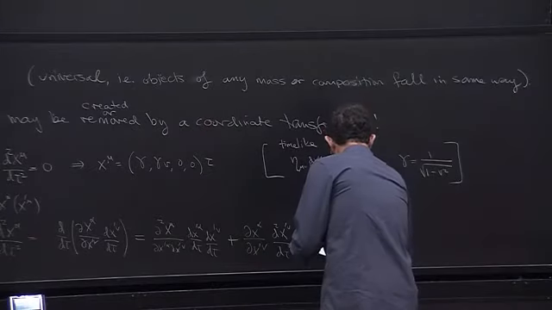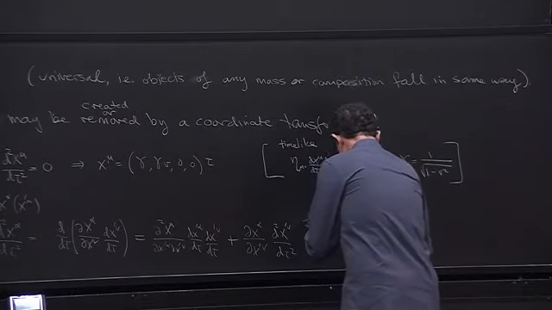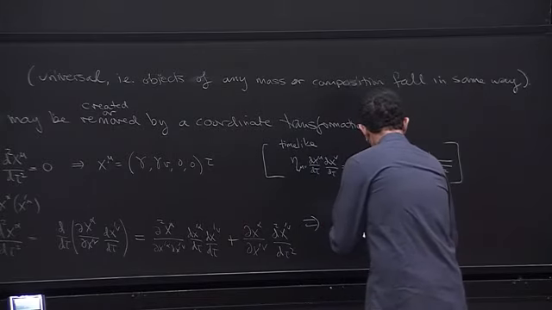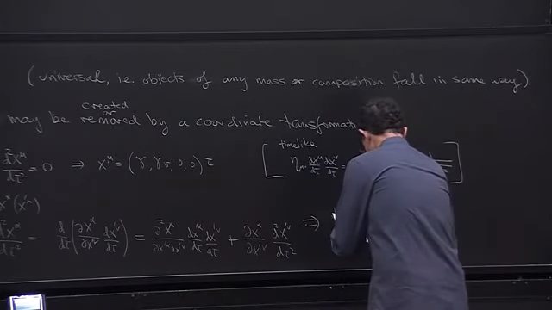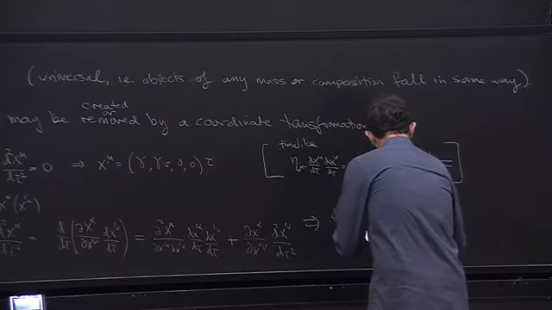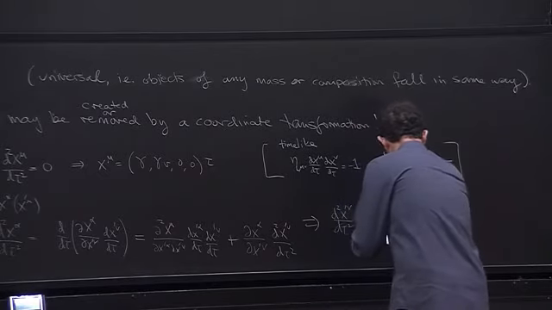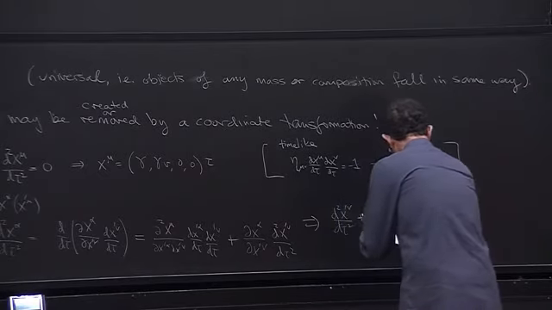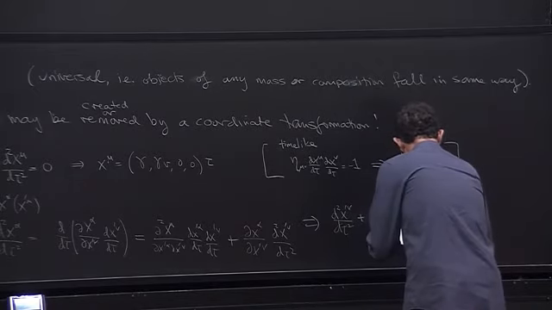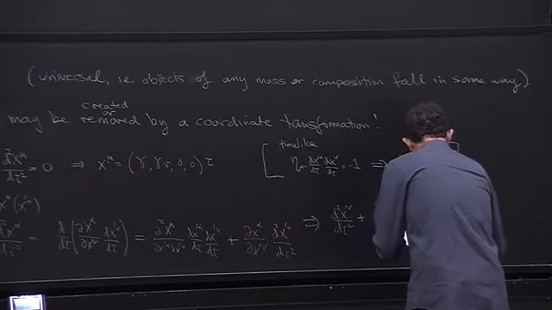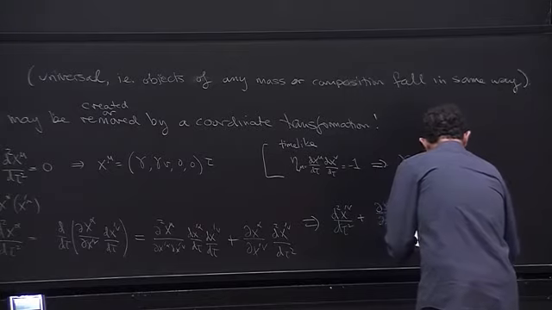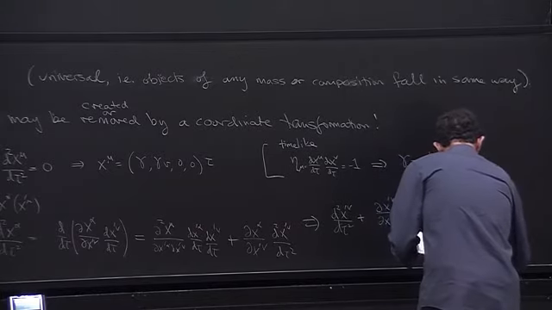d2x prime nu d tau squared plus dx prime nu dx mu, d2x mu dx prime alpha dx prime beta, dx prime alpha d tau, dx prime beta d tau equals 0.